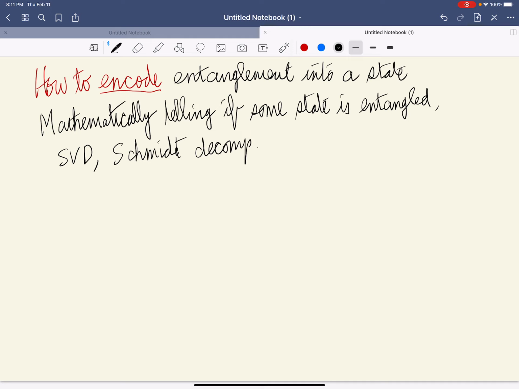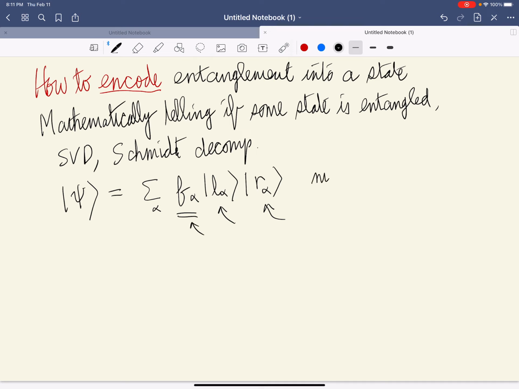And when you break down some many-body wave function into the Schmidt's form, and then you find that this breakdown between the wave function for the left-hand side and the wave function for the right-hand side involves the superposition of more than one of these f's, then more than one f alpha is non-zero. Then I would say that the state is entangled.